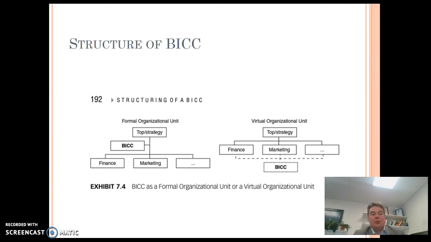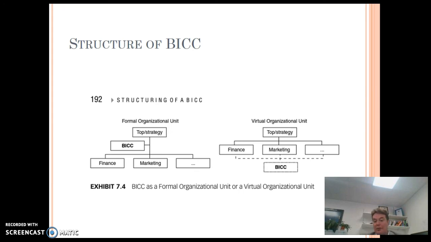So the next thing to think about is how we are going to structure our business intelligence competency center. Generally with these things, you can have a top-down functional hierarchical structure, or a decentralized structure. You could have a centralized BICC with a parallel reporting line, sitting parallel to finance, marketing and the other divisions.